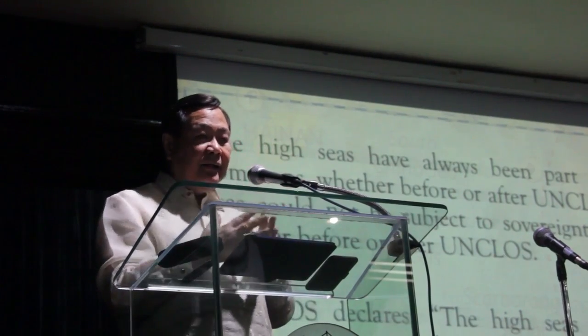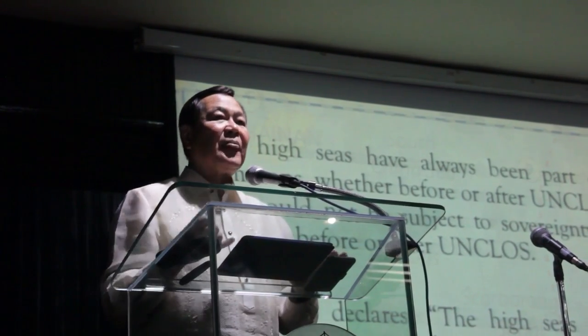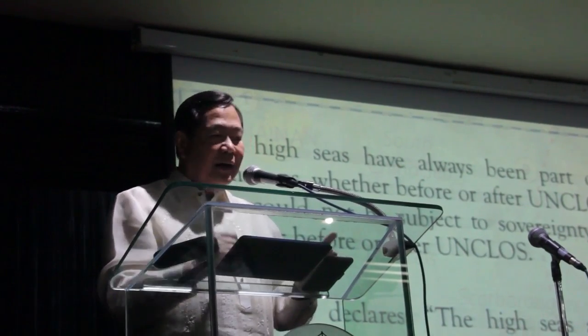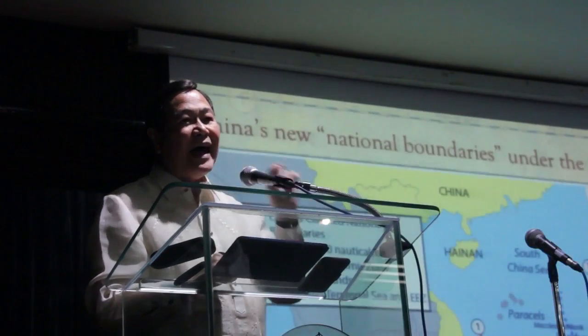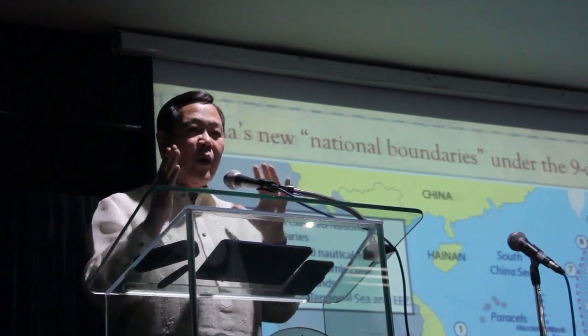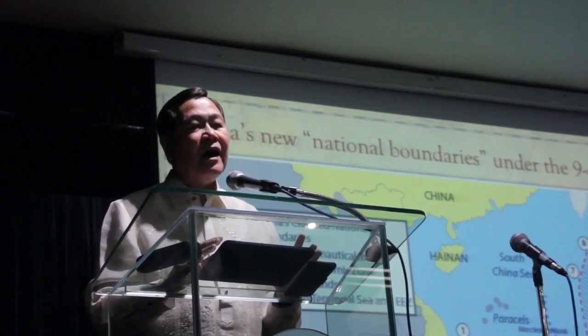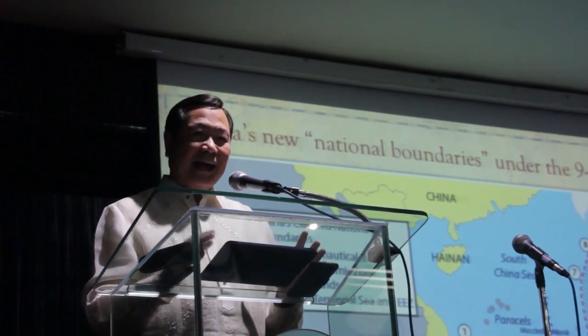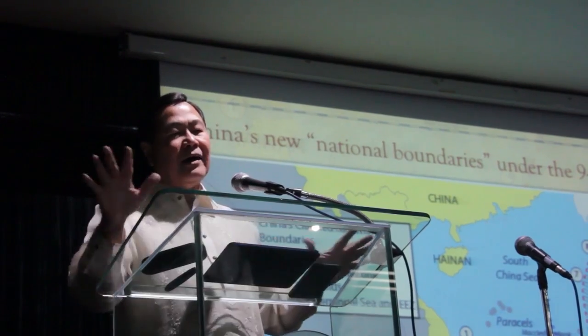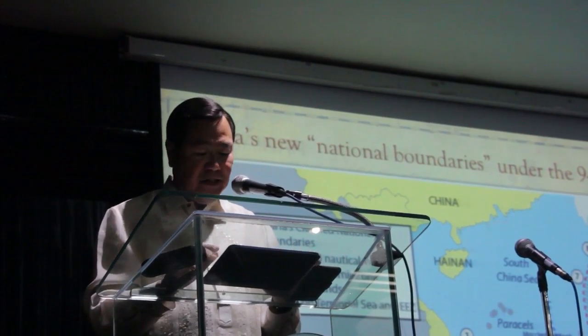So, landlocked countries like Laos, Austria, Switzerland, Nepal, they have a right to fish in the high seas. And the South China Sea has high seas. 20% of the South China Sea are high seas waters. The world has a right to fish there. Nobody has the right to bar other states from fishing in the high seas.